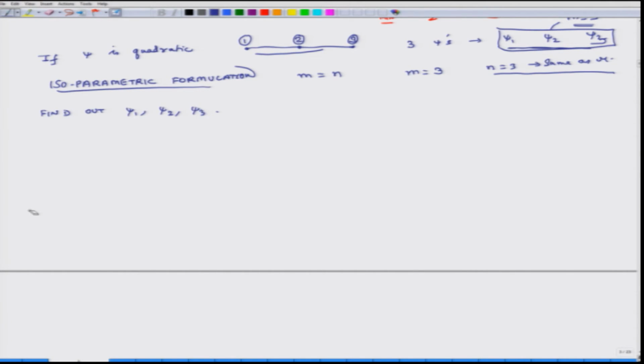And these expressions are psi 1 equals minus zeta by 2 times 1 minus zeta, psi 2 equals 1 plus zeta, 1 minus zeta, and psi 3 equals zeta by 2 into 1 plus zeta.